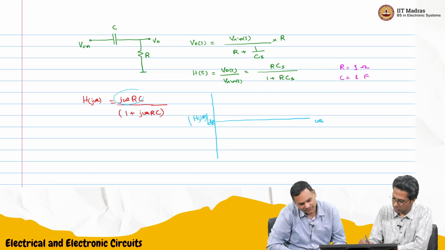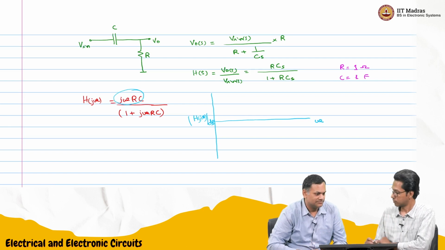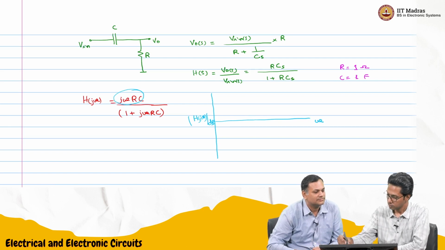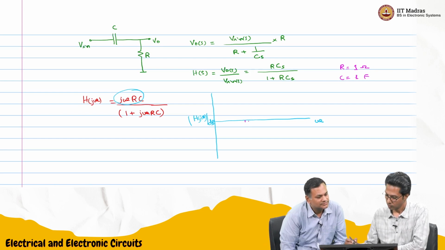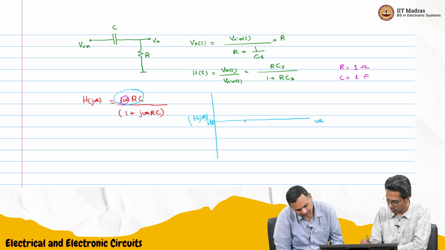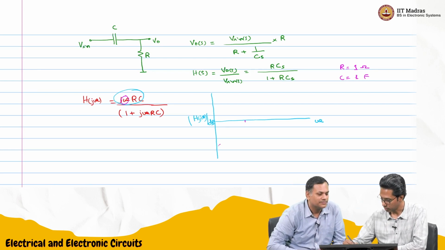So this term will be 0 at omega equal to 1. As omega increases, this is going to increase at plus 20 dB per decade. So I can draw something like that.